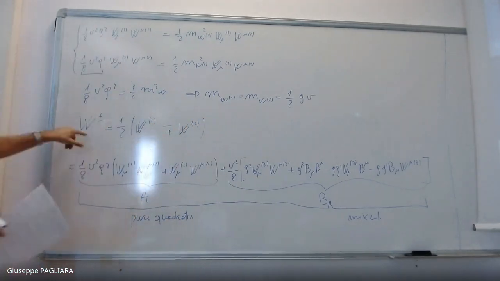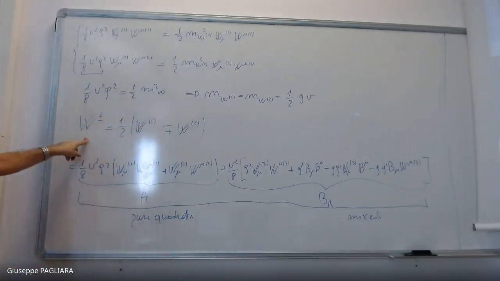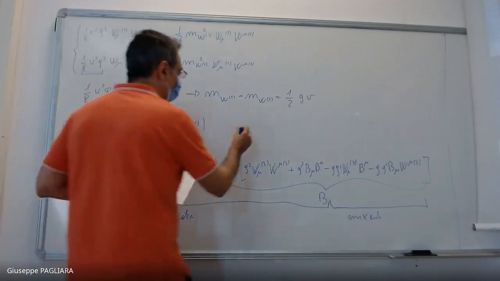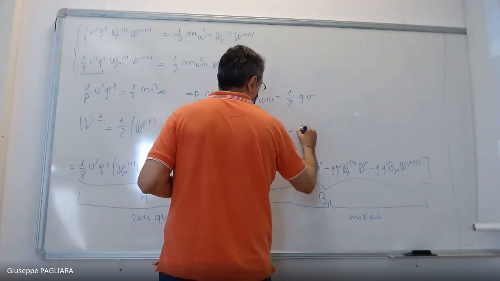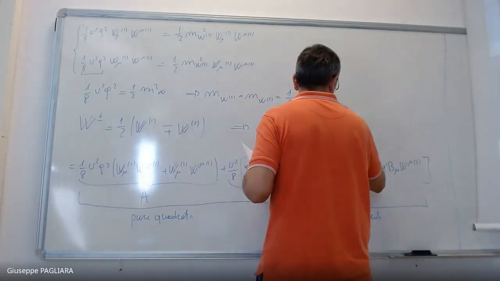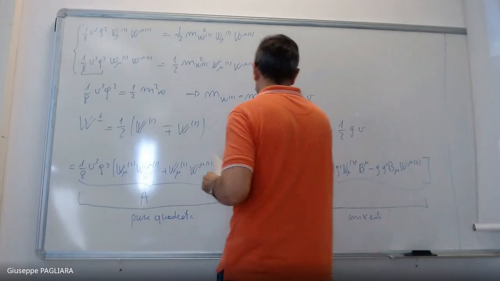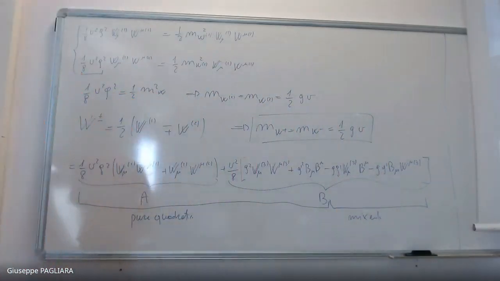But since the physical bosons are just a linear combination of these two, they have to have the same masses. And so it turns out that the mass of the W plus is equal to the mass of the W minus, so the physical boson, and this must be equal to 1/2 g v. This is our second result.